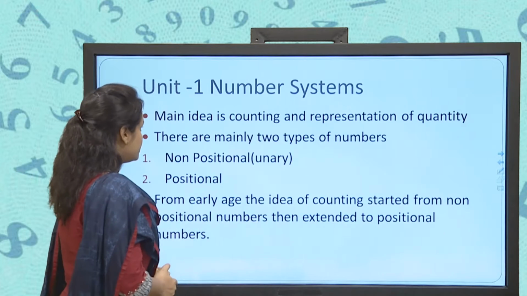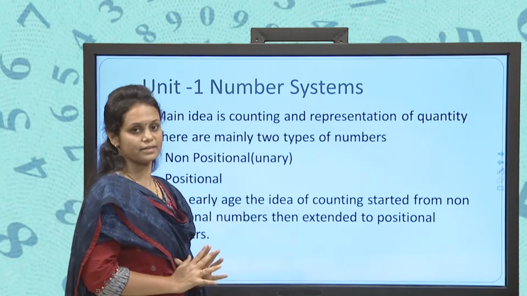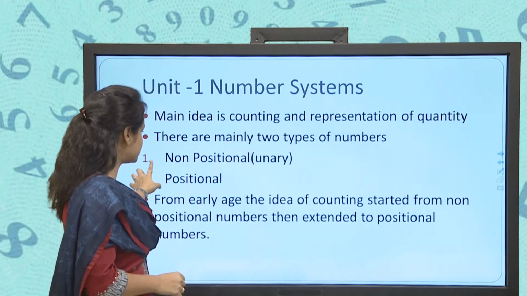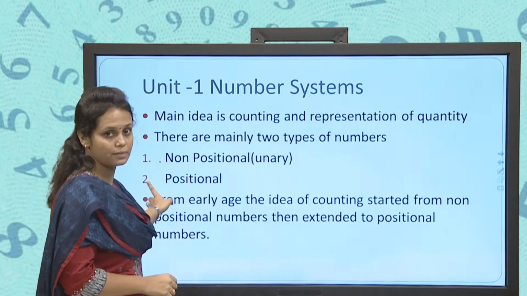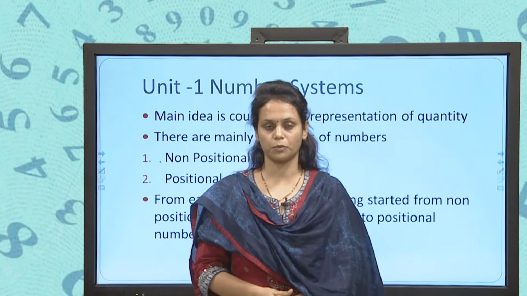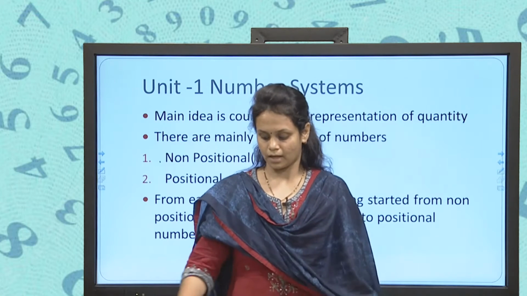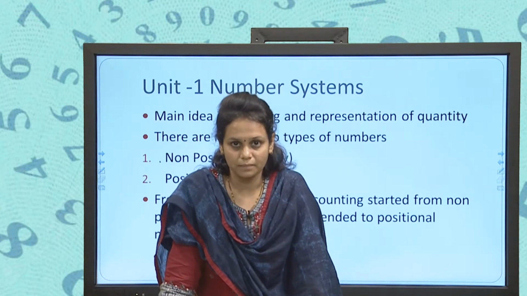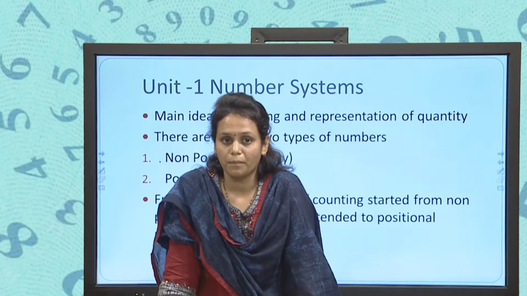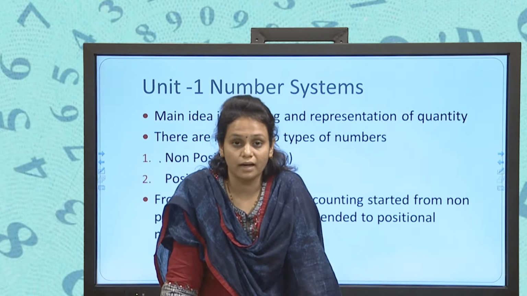Then what were the people doing at that time? See, basically in the number system there are mainly 2 types: first, the non-positional, and second, the positional number system. Now see, what is the difference between the non-positional and positional number systems? The non-positional number system was used by people in the very early age.